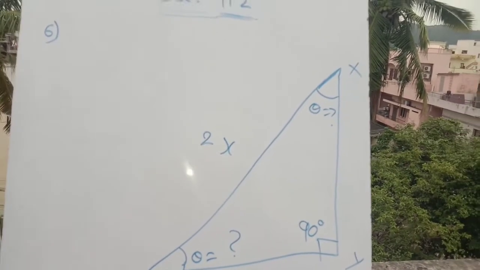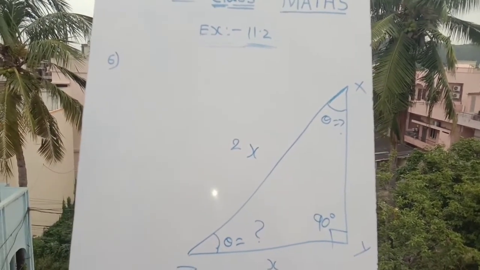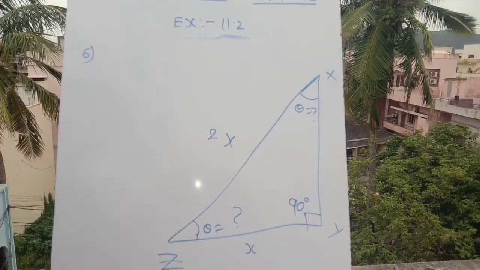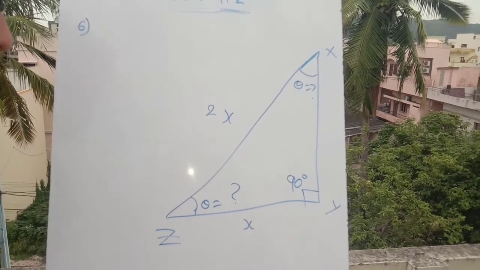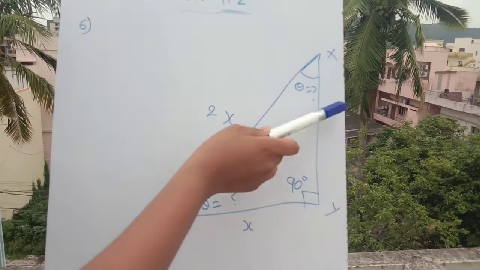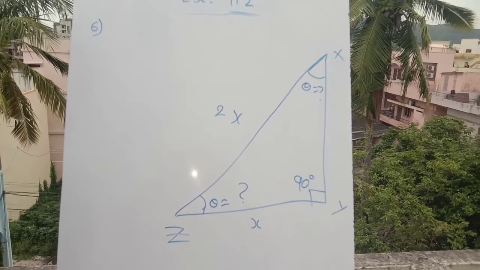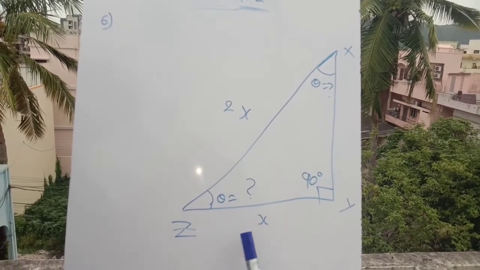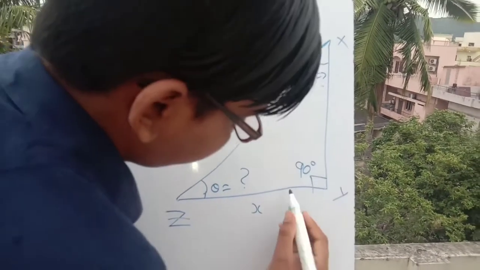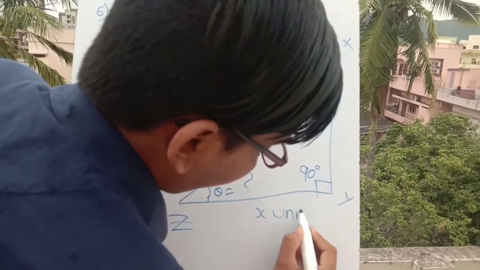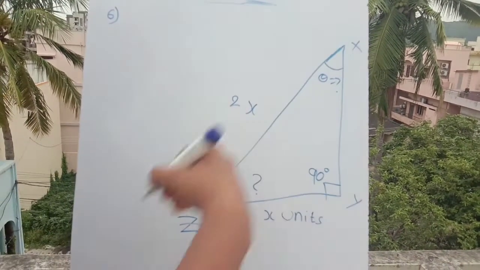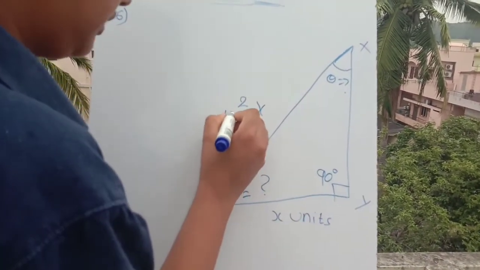So friends, in this sixth sum he has given a triangle XYZ in which 90 degrees is at Y. So we need to find out angle YZX and also angle YXZ. He has given YZ is equal to x units and XZ is equal to 2x units.